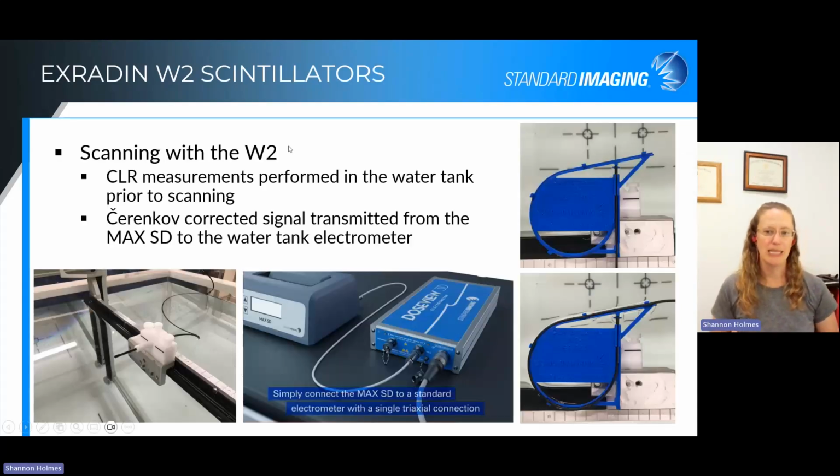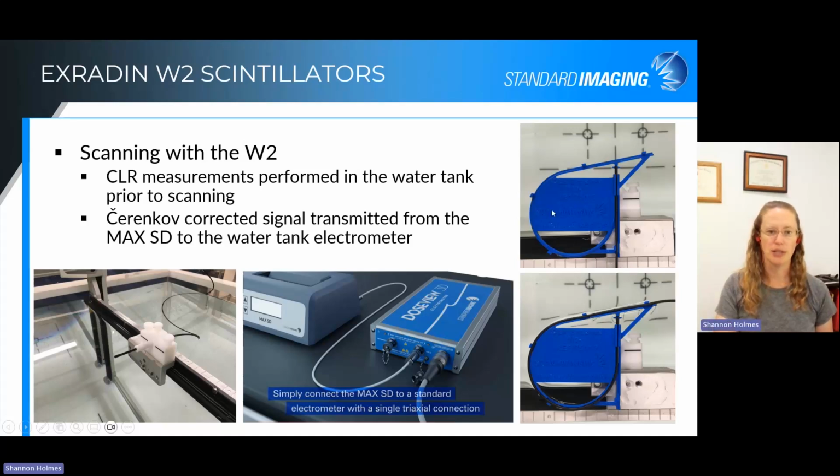So the way it looks in your water tank, you would have the W2 fiber with an adapter sleeve so that you can hold it in just a standard chamber holder. That optical fiber goes to the Max SD, which does that Cherenkov correction and then sends the signal to your scanning tank electrometer.